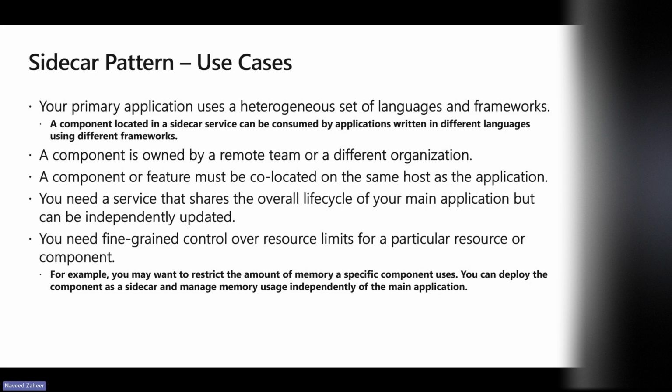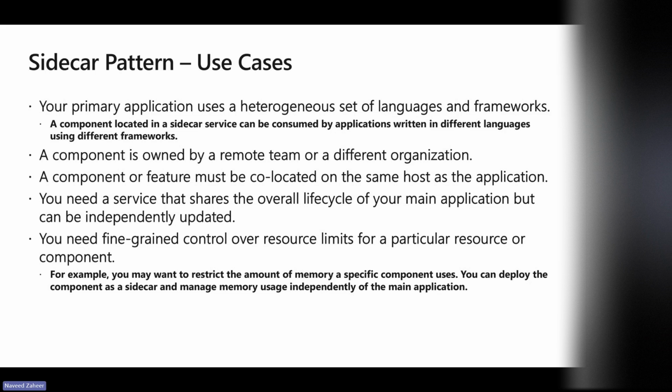And also, what are some of the use cases or scenarios? Let's say that you are doing logging, or you are accessing configuration. These are tasks that are not limited to one application.